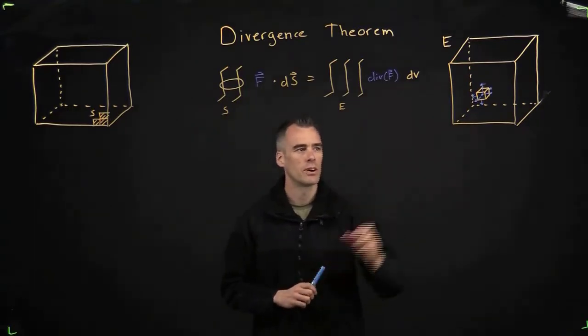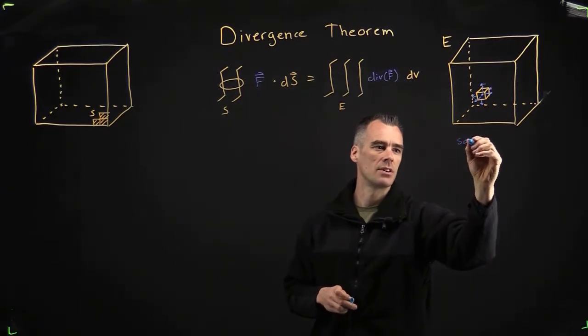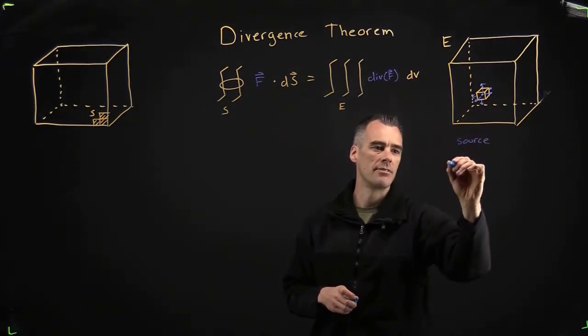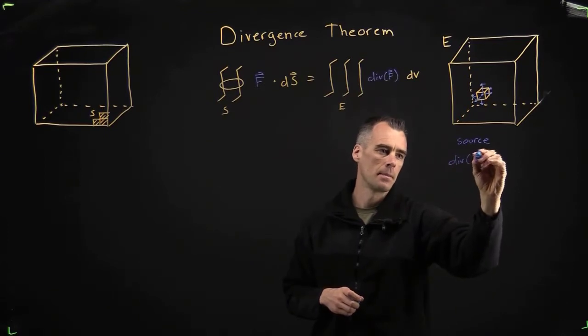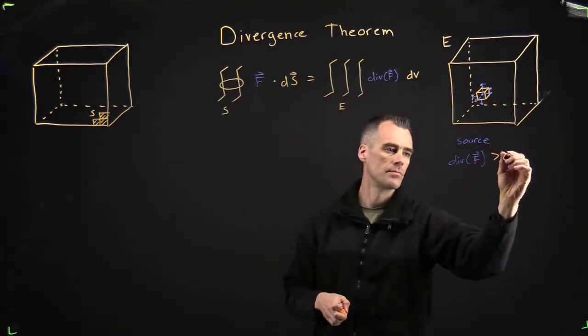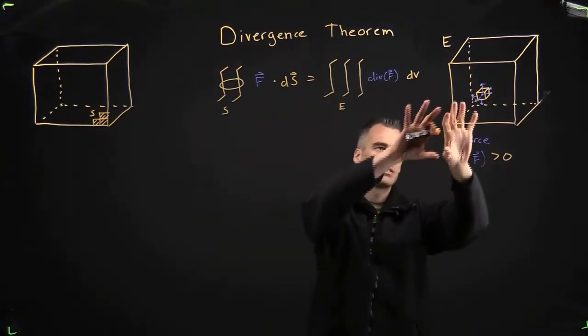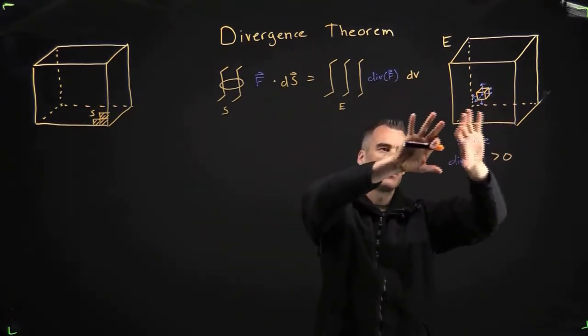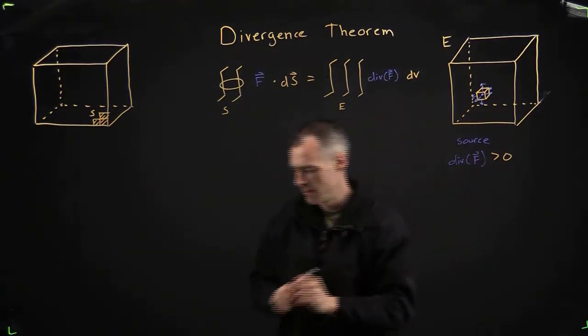Now if I wanted to look at this particular source, let's just call it a source, at that source, if I found the divergence of it, that's going to be greater than 0. Of course it's greater than 0 because it's that outward flux from the point, and that's what divergence really is.